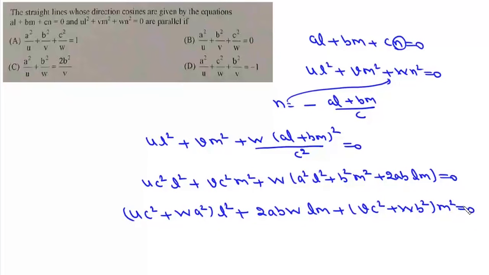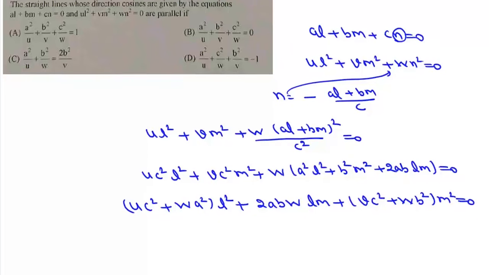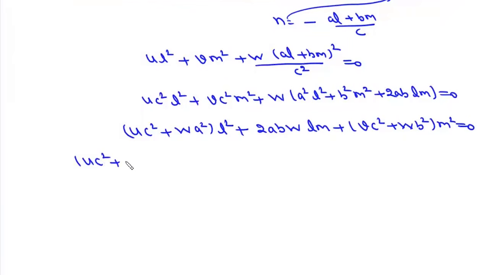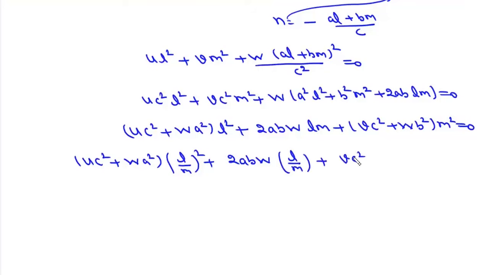Now we divide it with M square, it will become a quadratic in L by M. So we can write this equation as (UC square plus WA square) (L by M) square plus 2ABW (L by M), and plus (VC square plus WB square) equals 0.